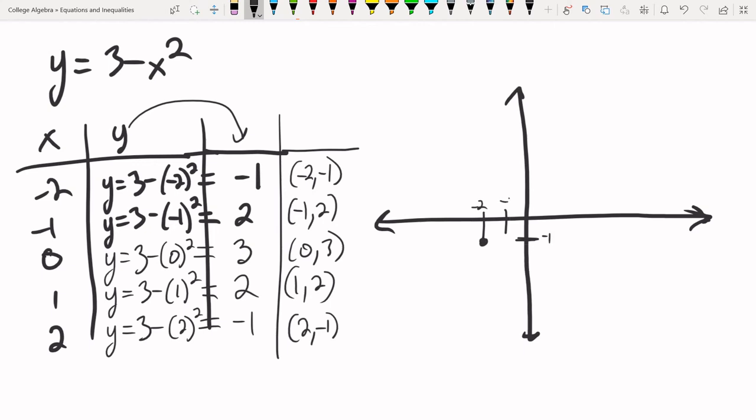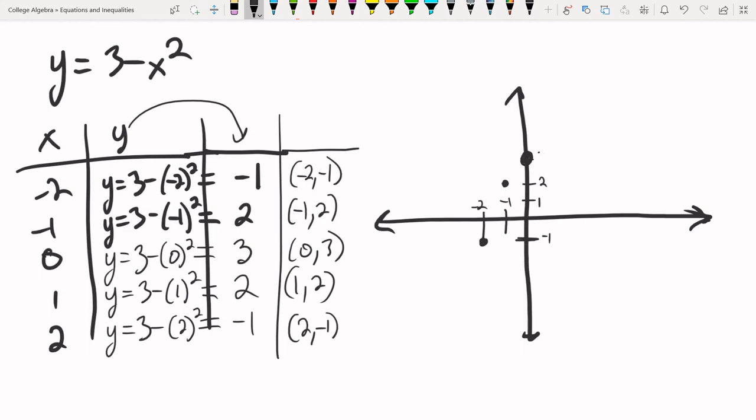Then (-1, 2), we're going to go over to -1, then up to 2. So that puts us right here. This is 1, that's 2. (0, 3) means we stay on the y-axis and go up to 3.